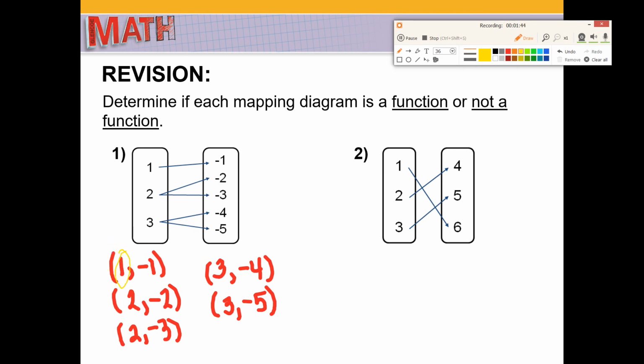So our x values are 1, 2, 2, 3, and 3. So here we see that 2 is used twice and 3 was also used 2 times. Because of this, the mapping diagram is not a function.